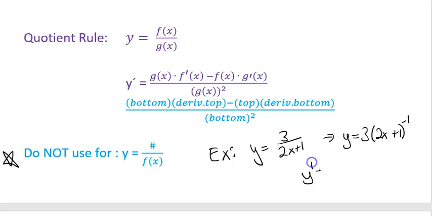And so your derivative would just be negative 3 times 2x plus 1 to the negative 2 times 2. It's just a chain rule. And a quotient rule obviously has a lot of parts to it. So again, when you see a problem and the top does not have an x, it's just a number, turn the bottom into a negative power and use a chain rule.